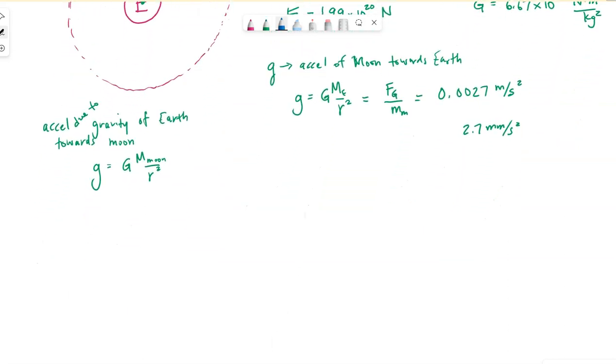When we talk about orbits, the force of gravity is a centripetal force. If you remember, center seeking, a force causing a change in direction.